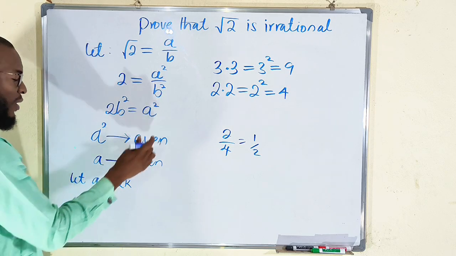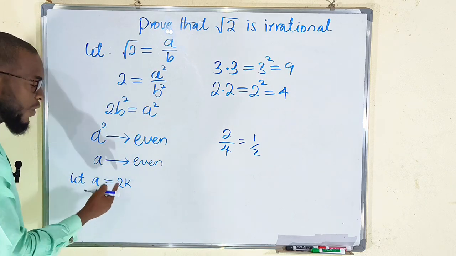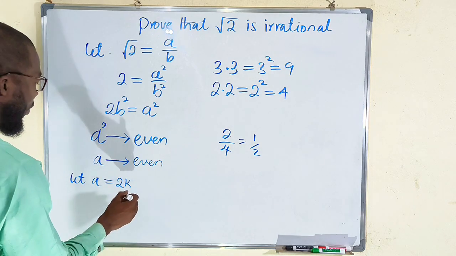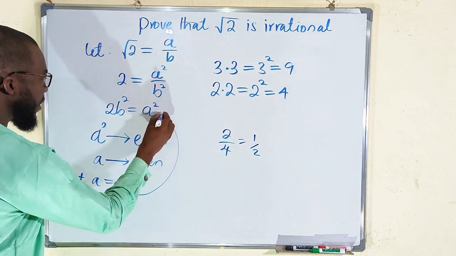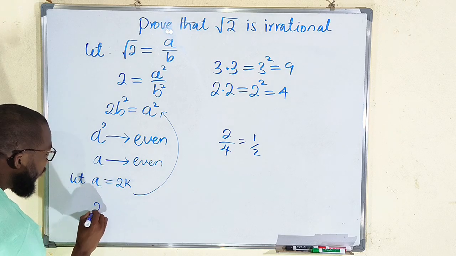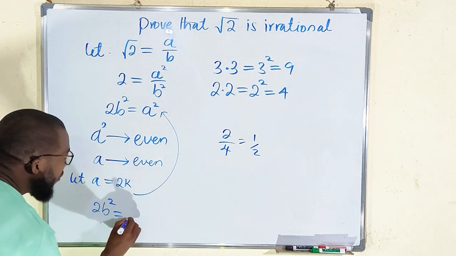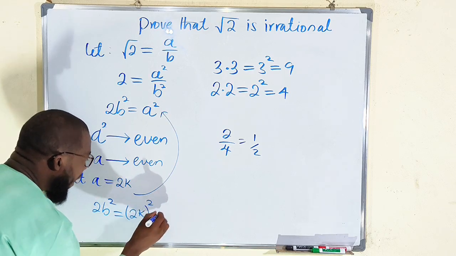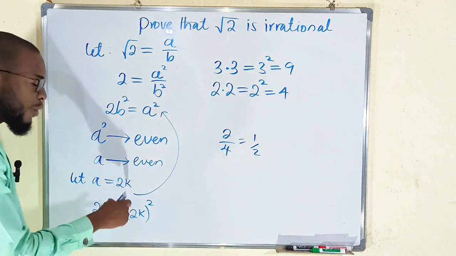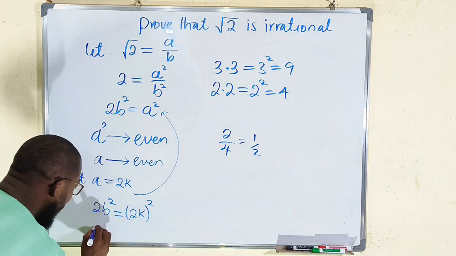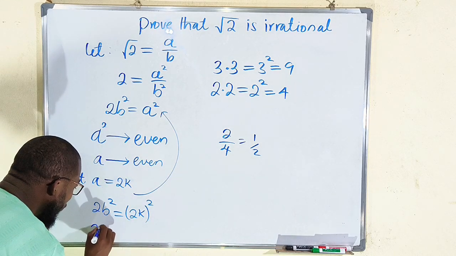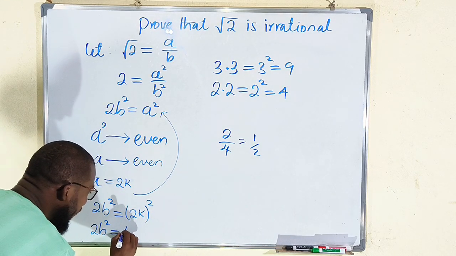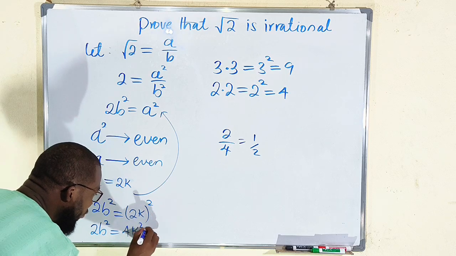Instead of a squared, we write 2k squared. Therefore, we have 2b squared equal to 2k whole squared. If you expand, you have 4k squared. Therefore, 2b squared is equal to 4k squared.